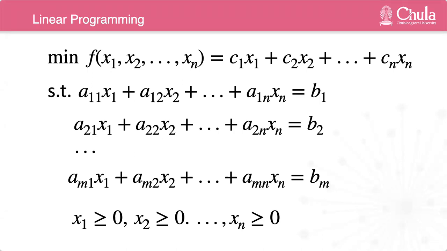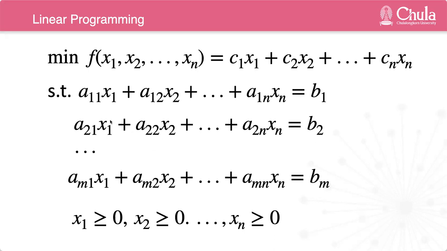I can tell you that we can transform, render the inequality form to equality form. So the standard form we write with equality constraints. I will show you later how we can transform from inequality constraint to equality constraint.